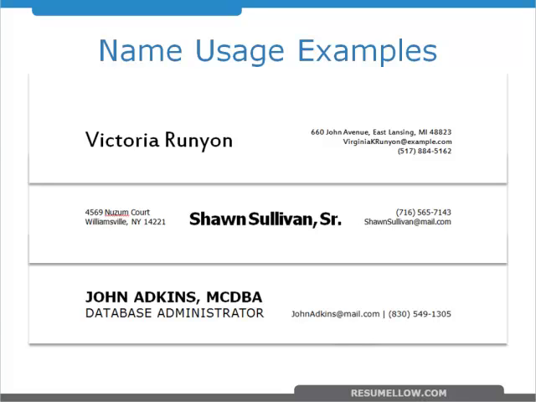Again, avoid unnecessary academic and professional suffixes. Don't go crazy with your stylization, with your font choices, that sort of thing. And make sure to put your name in a prominent place at the top of your resume. Don't make it too big, but it should certainly get more focus and more emphasis than some of the other items in the header of your resume.